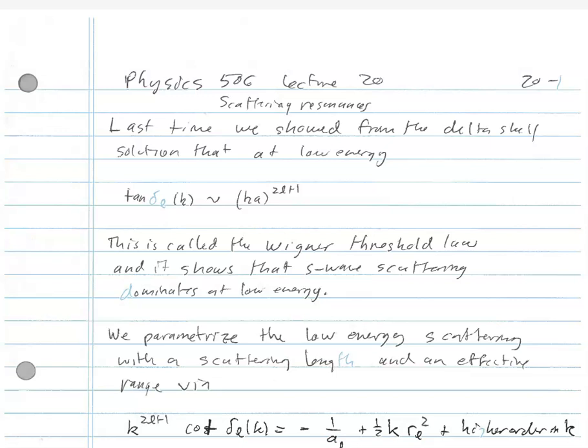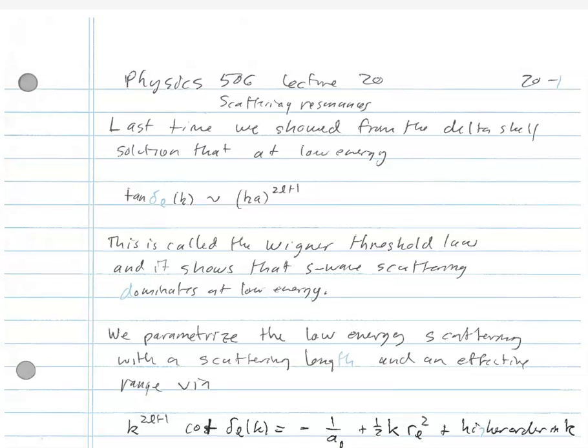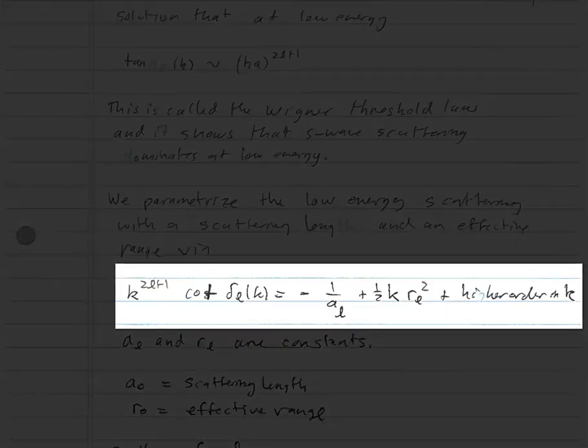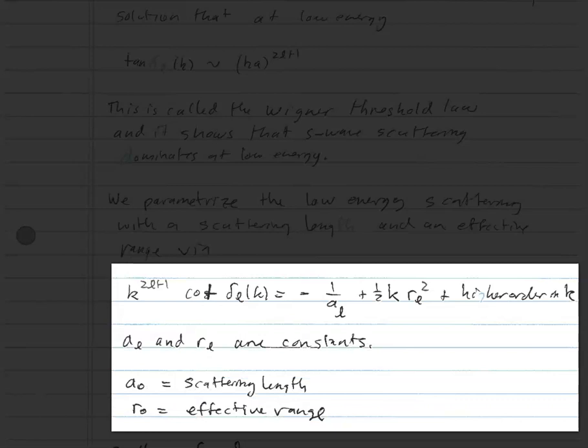Now, generically speaking, we parameterize the low energy scattering with something that's called a scattering length and something that's called an effective range. I've summarized for you what they are right here. The defining condition is k^(2L+1) cot δ_L(k) equals minus 1 over a_L plus 1/2 k² r_L plus higher order terms in k, and the numbers a_L and r_L are constants.